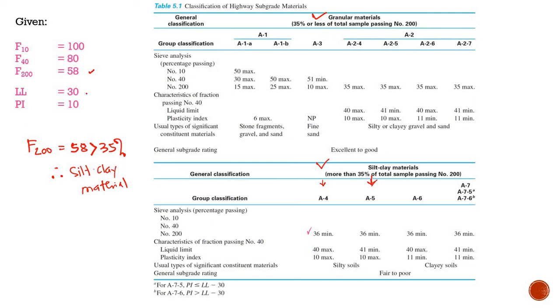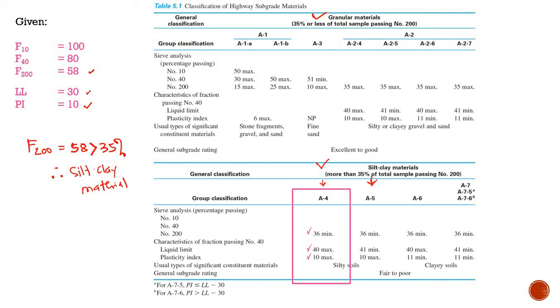Our liquid limit is 30, which is less than 40, so that is okay. And then, next is plasticity index. The plasticity index has a maximum value of 10, and our plasticity index is 10, so it passes, so that is okay. Meaning to say, we are able to meet all the conditions for A-4, so automatically, this will become the group classification of our soil.